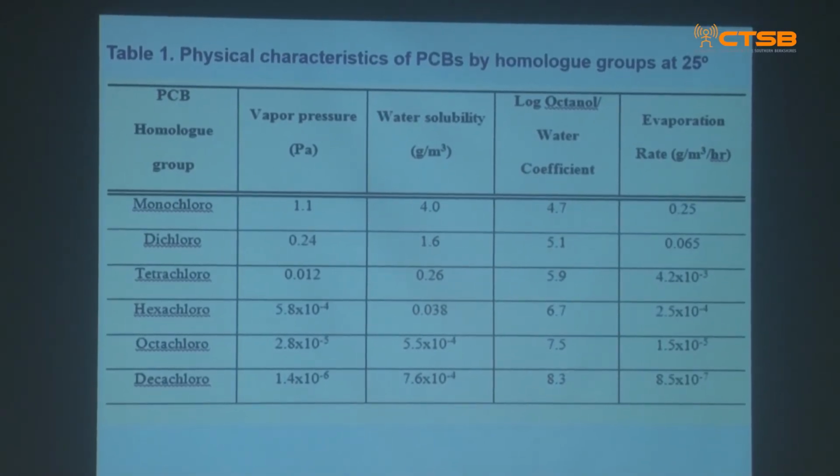Now, for those that have 3 and 4 chlorines, they're still relatively rapidly broken down, but some of them, depending on where the chlorines are located, are relatively persistent, and they have a half-life of maybe 1 year or 2 years. So that when you find them in your body, that is an indication that you were relatively recently exposed to those particular PCBs.